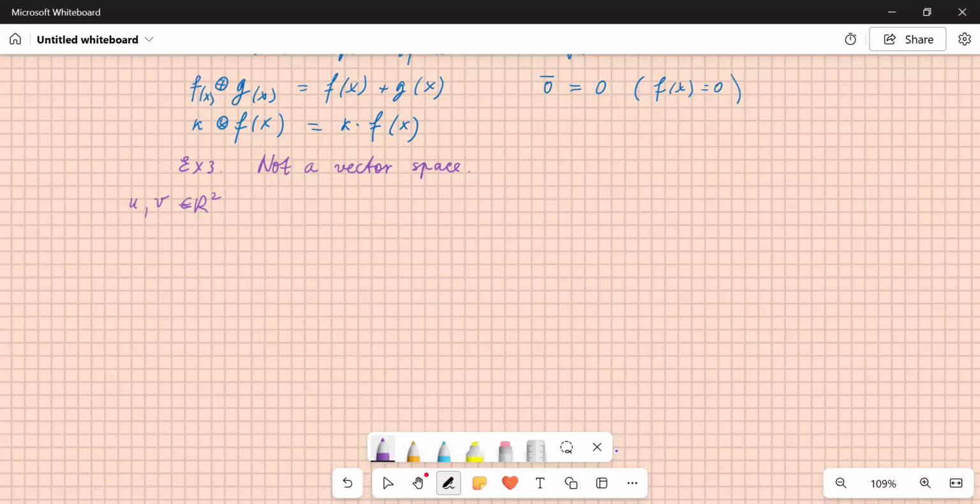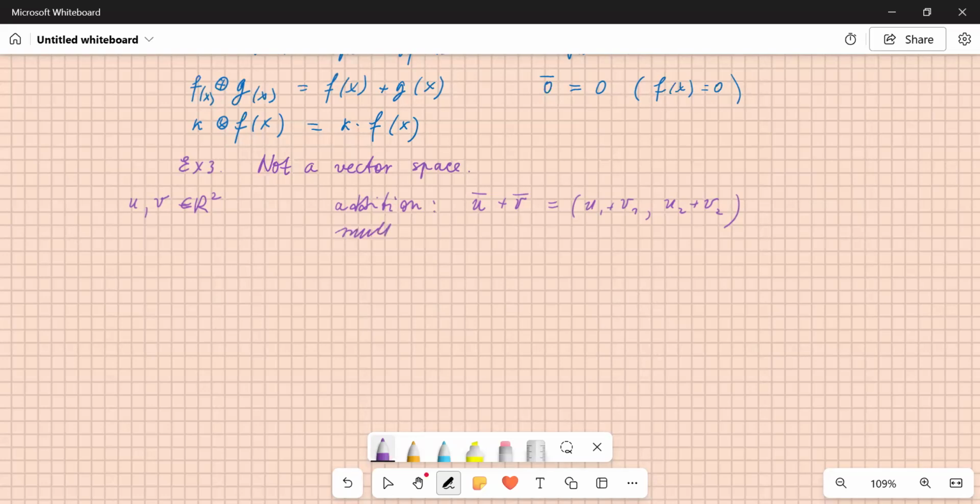And I'm going to set up addition as u plus v, just regular addition, by components. I'm going to write down u1 plus v1, u2 plus v2. So two-dimensional vectors u and v have components u1, v1 and u2, v2, and to add them, you just add components.